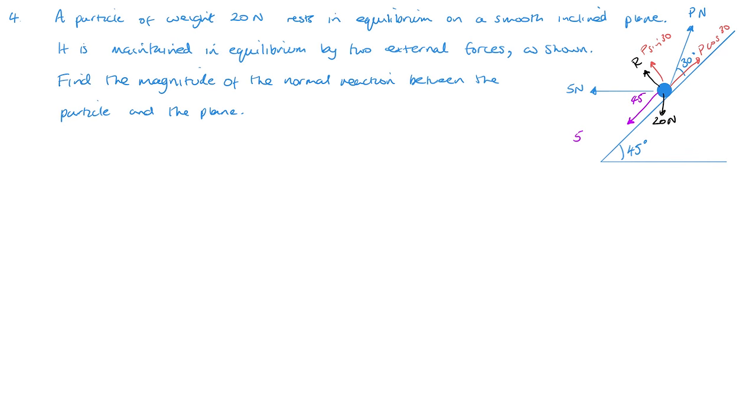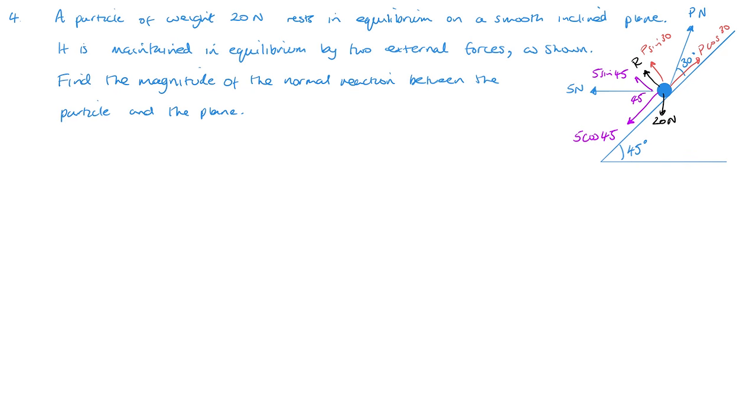So going down the slope will be 5 cos 45, and then going up here will be 5 sine 45. Although being 45 degrees, it doesn't really matter because sine 45 and cos 45 are the same.